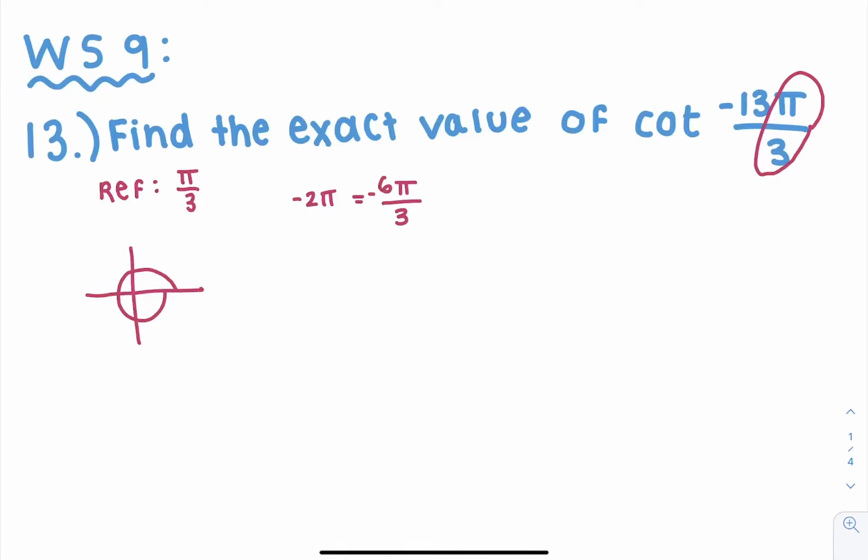That's not enough. So let's add another negative 2 pi, and in that case, we're at negative 12 pi over 3. That's still not enough, so I need to add one more pi over 3, which will bring me over here.